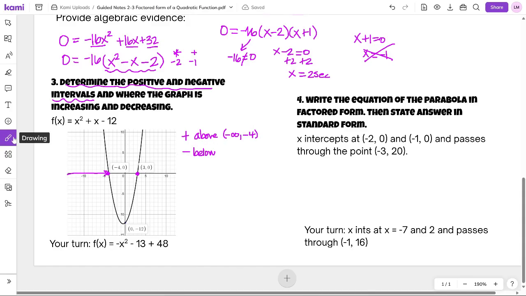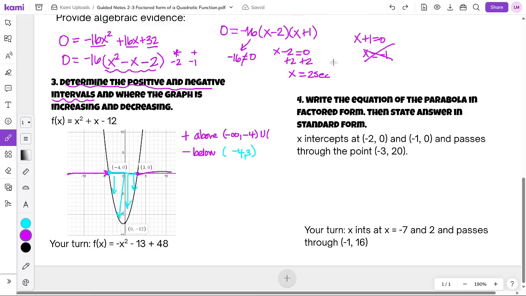If that's confusing, then start out where it's below. So it's below between negative 4 and 3. My graph is below the x-axis. I can see that. So it's below from negative 4 to 3. And it's above the other places, right? It's above from negative infinity to negative 4 and then 3 to infinity.